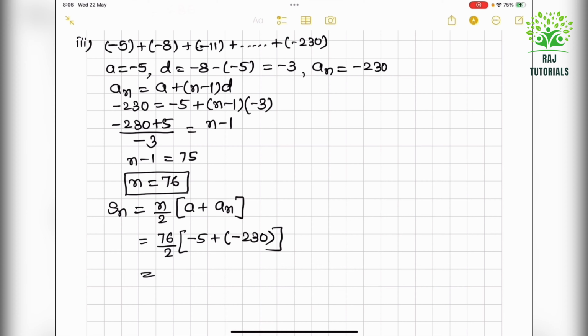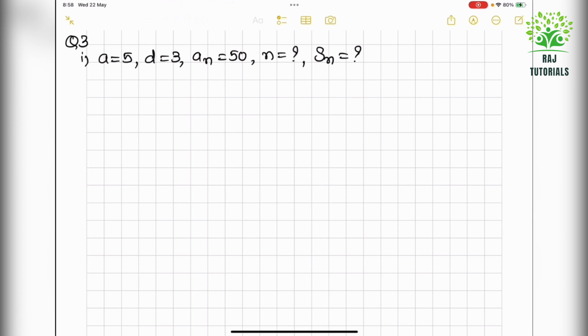So 38 into minus 235. So that is coming to minus 8930.